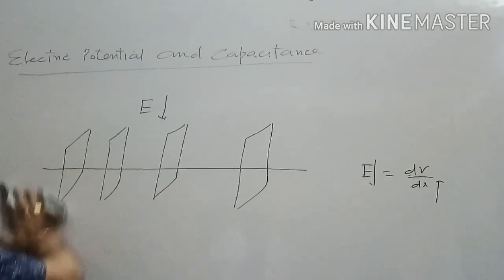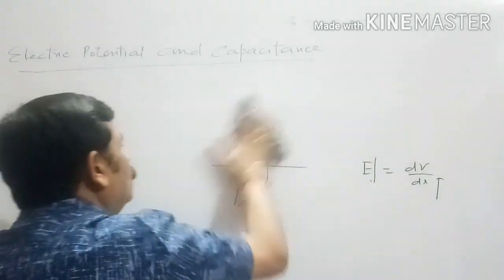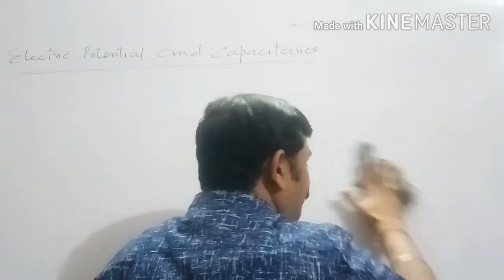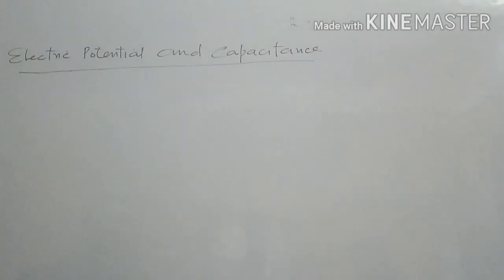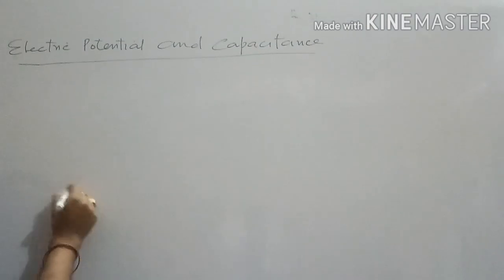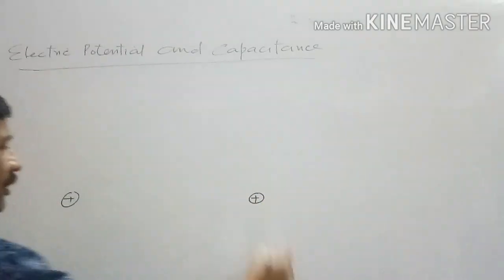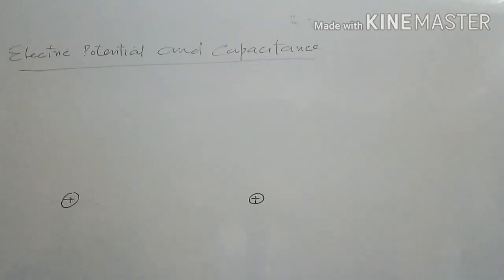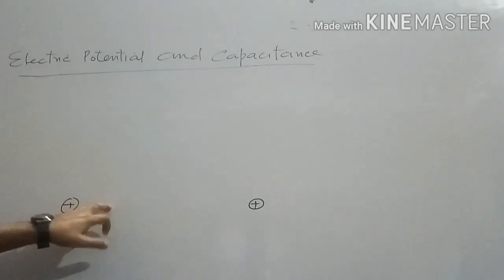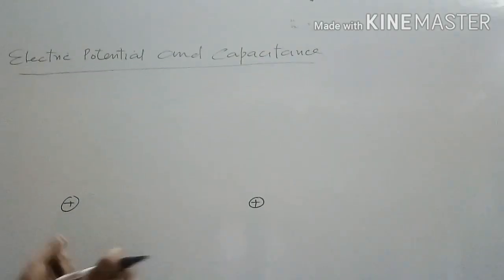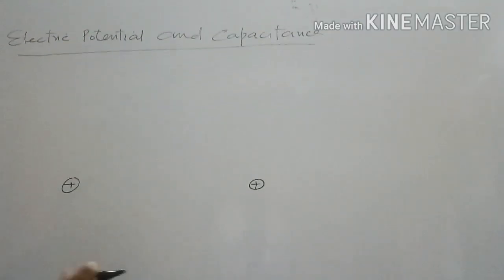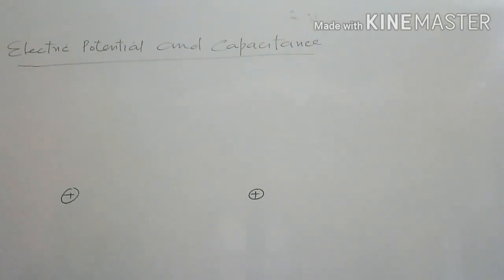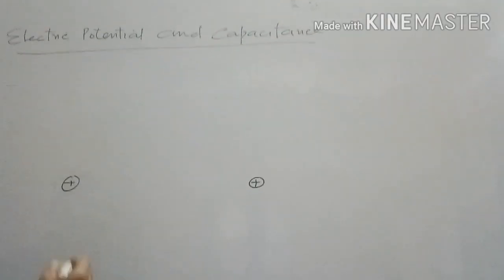Next is due to a pair of same magnitude, same nature charges. Now logically, if we think here, both the intensities will be in opposite directions, and the intensity is decreasing. So when intensity decreases, separation will increase.